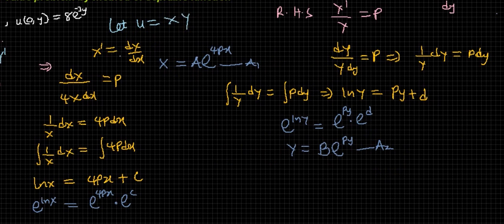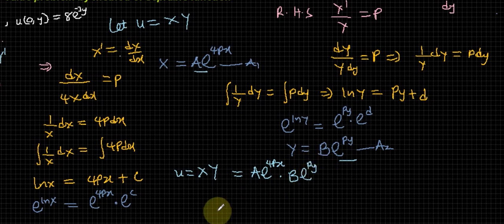Remember we said u should be equal to XY. So this is X here and this is Y here. X is a exponential 4px, and Y is b exponential py. Let's add this together.